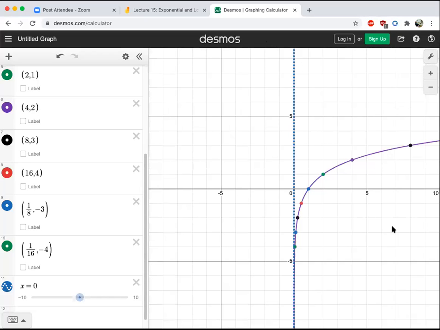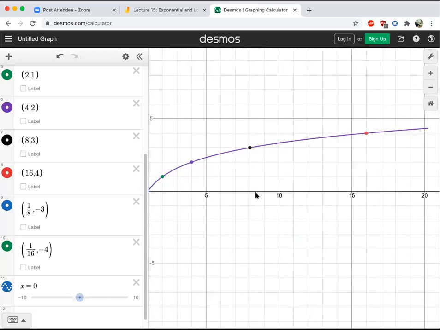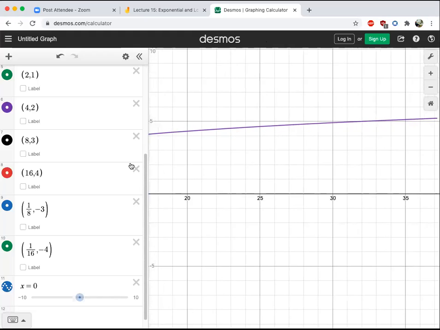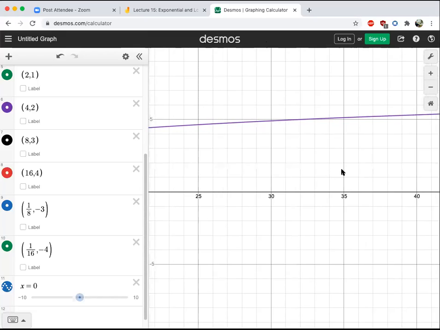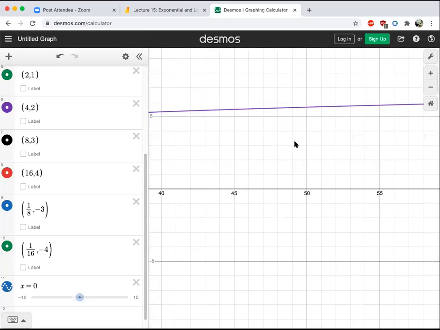So that's the logarithm function. And if you follow this function all the way to the right, it's actually going to go up and up very slowly, but there's never going to be a horizontal asymptote. It's always going to be a vertical one.